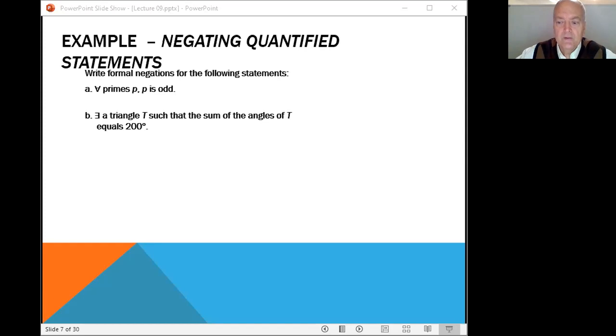Or we could say there exists a prime P such that P is not odd. This is, again, following the rule for negation of a universal statement. We take the existential of the negation of the predicate.